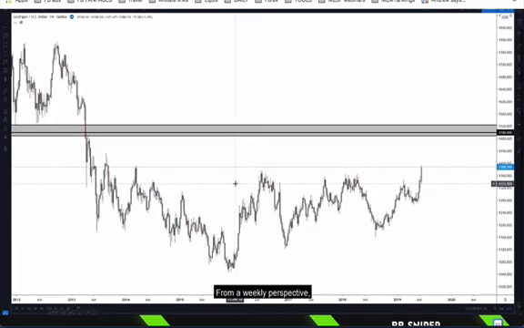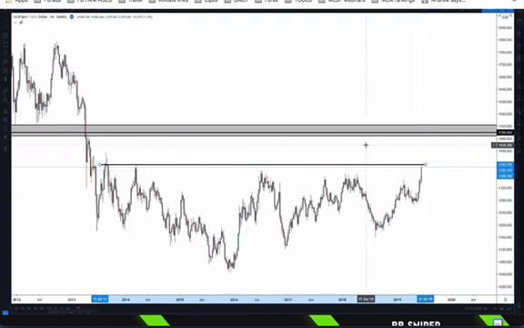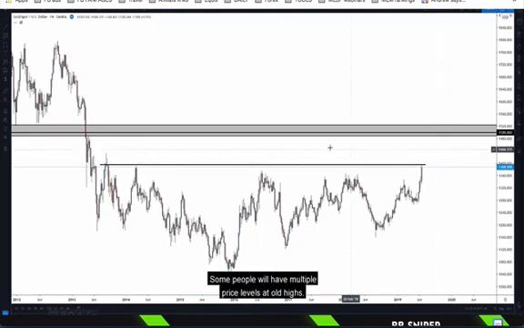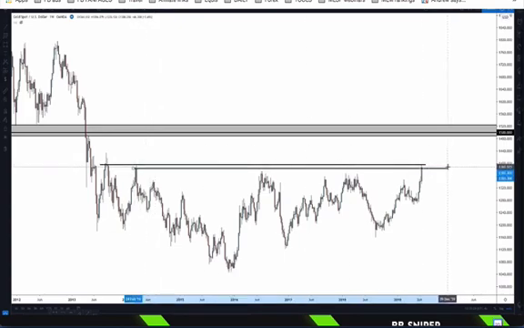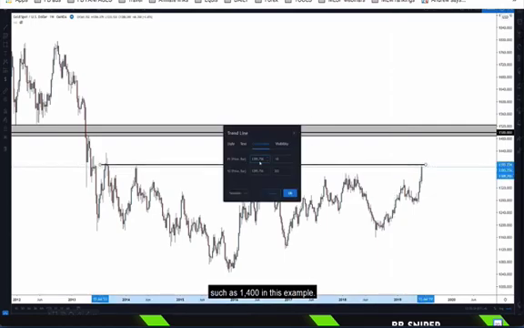From a weekly perspective, people around the world are going to be looking at this as resistance. Some people will draw it as a zone. Some people will have multiple price levels at old highs. Other people will just generalize and use a singular level, such as 1400 in this example.